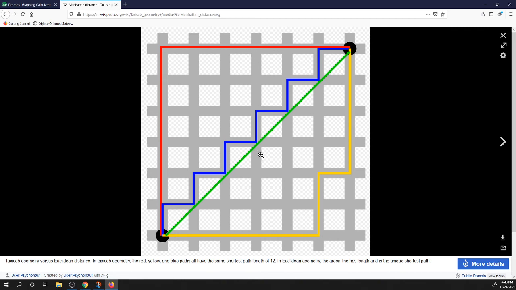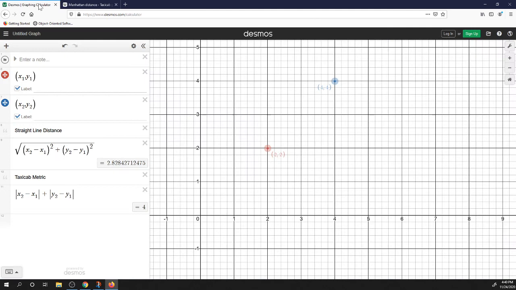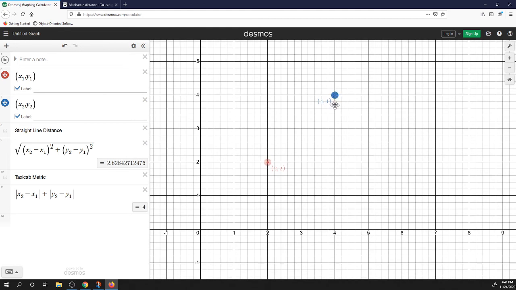All right, and so if you look at that taxicab metric, here I have 2 points, x1, y1, which is the red point, which I can move around, and this blue one, which I can move around as well. You can see, maybe you remember from math class, the straight line distance formula is right here.